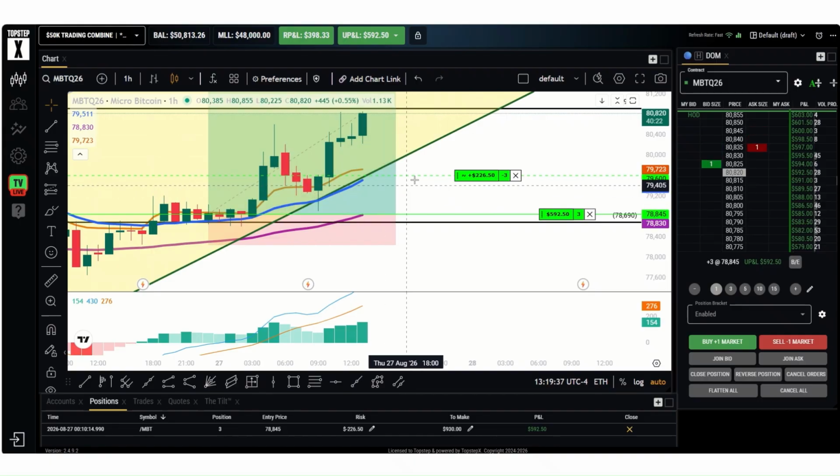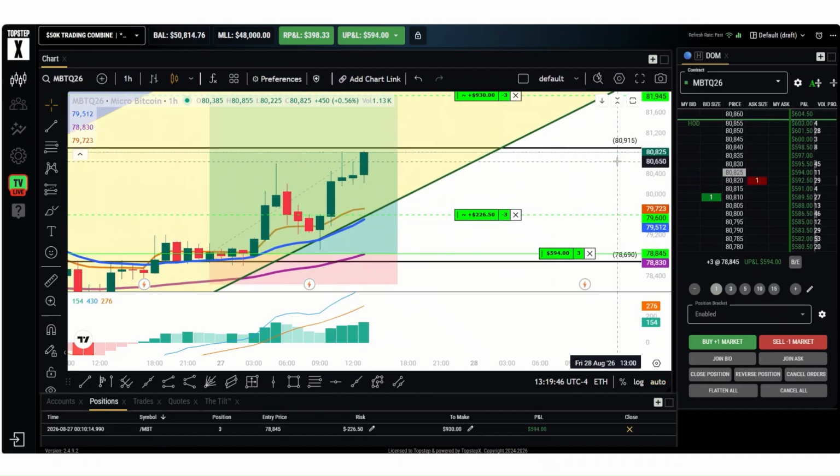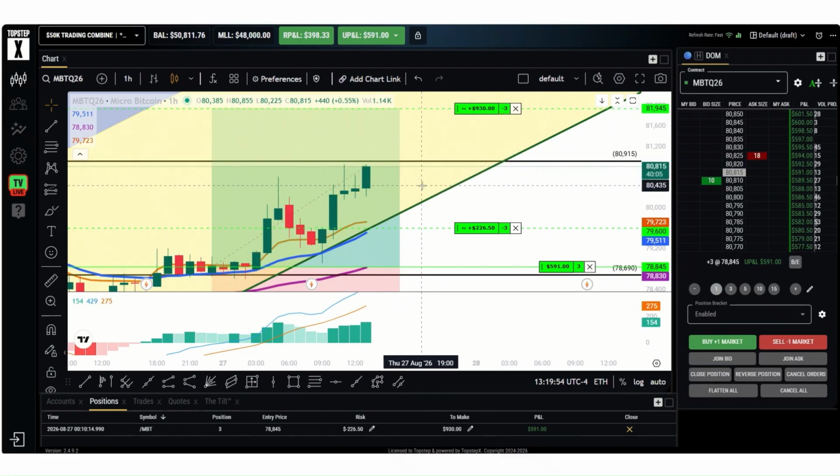However, Bitcoin is still grinding higher. It is now approaching that local support resistance level right here at 80,915. And hopefully we'll see a price breakout and ending today's session on a very higher note.